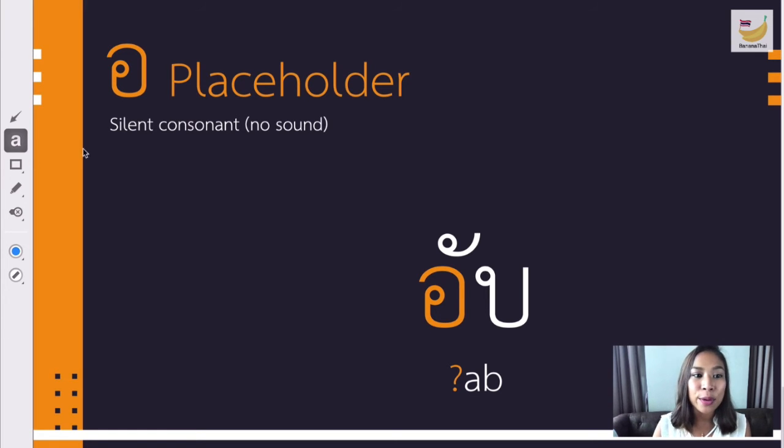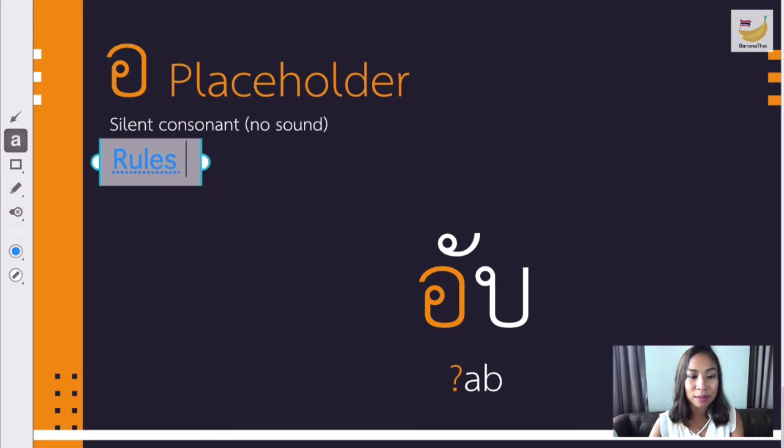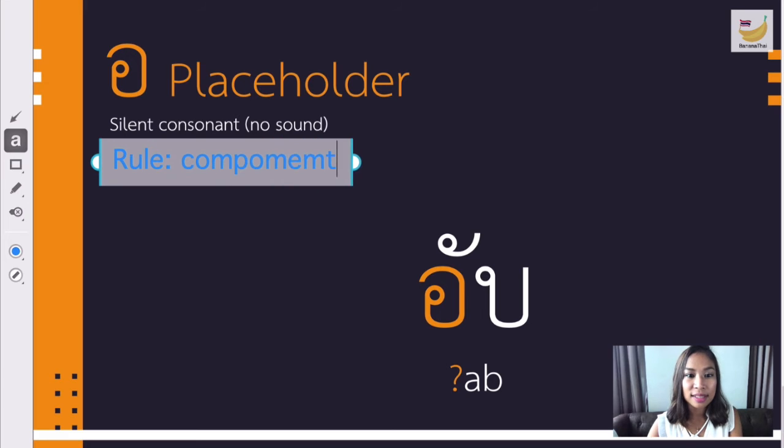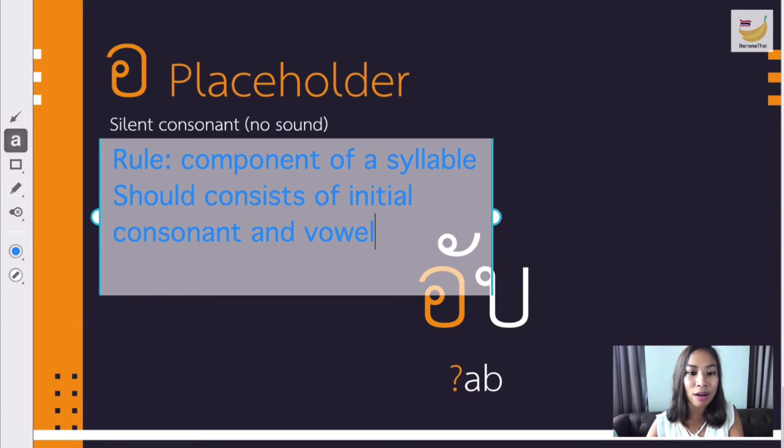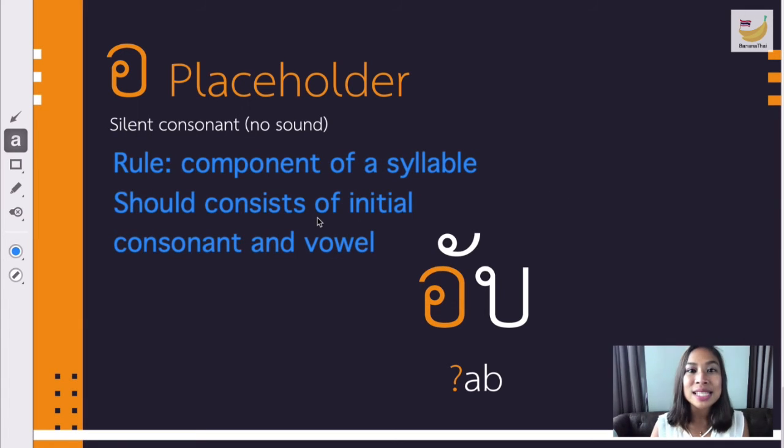You might be like, what is a placeholder? Basically, the rule is that a syllable should consist of an initial consonant and a vowel. Remember, this is the rule I mentioned in the previous lesson. You always need the initial consonant and vowel.